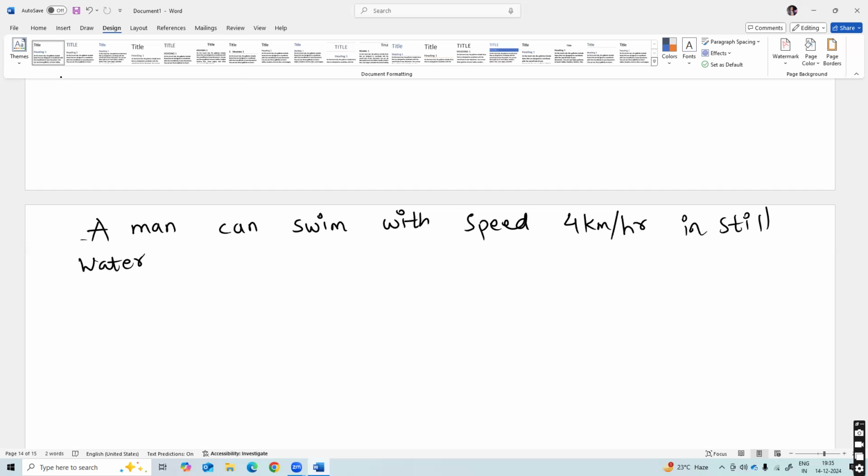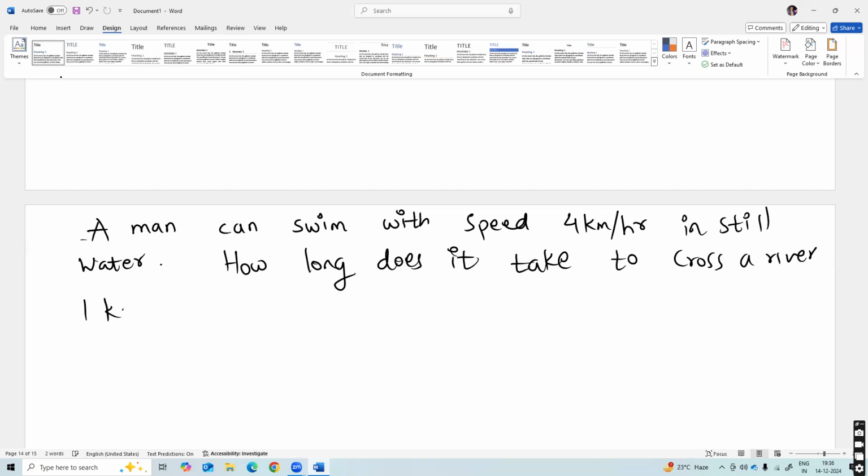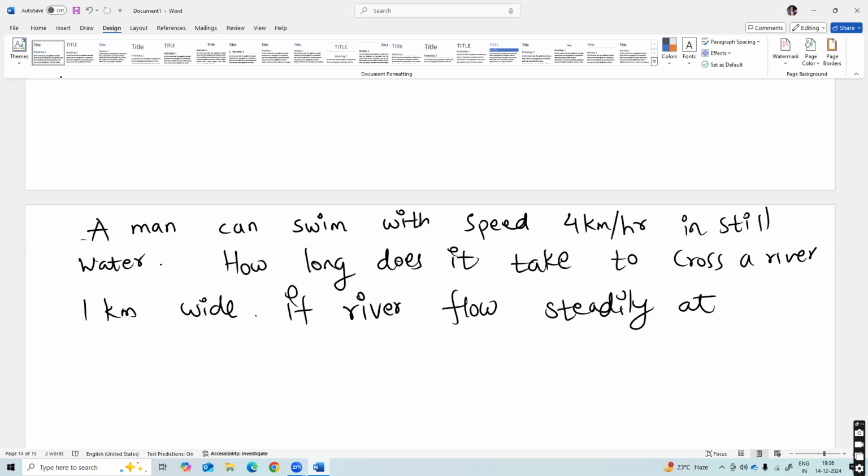How long does it take to cross a river which is 1 kilometer wide, if the river flows steadily at 3 kilometer per hour, and he makes his stroke normal to the river current?